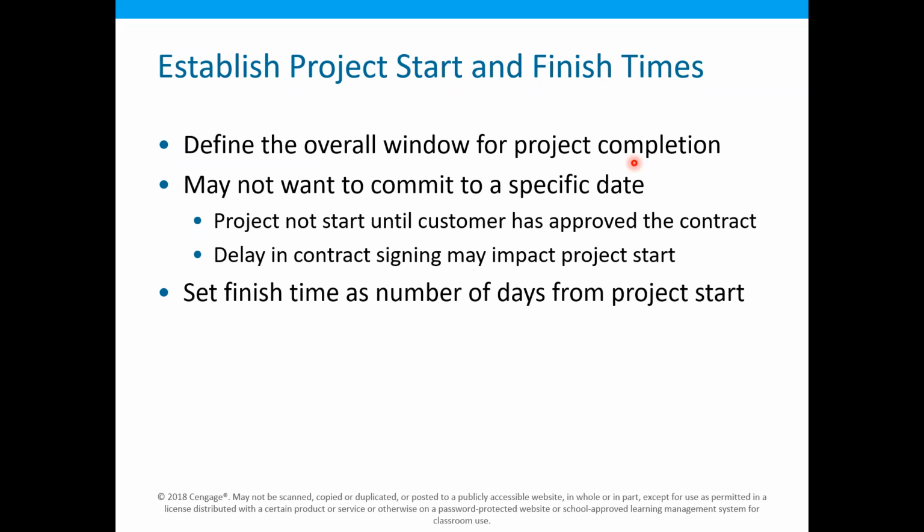So for example, if the project is for some event for which the date has been fixed, that will be the finishing date of the project, and then the project must be scheduled considering that event time. Or in another case, a customer would say, okay, I want this project to be completed within the next, say, 6 months' time.